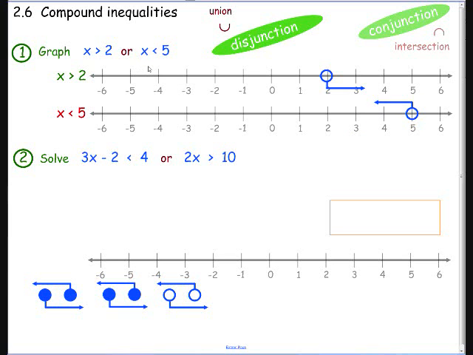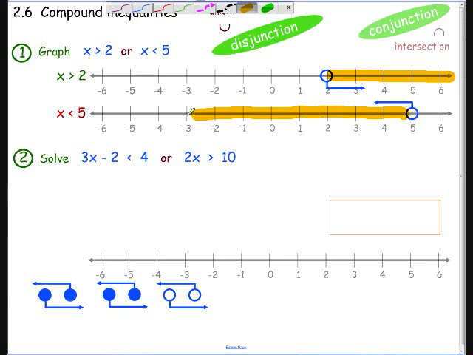We're not looking for the intersection, we're looking for the full union. So let's see what that will include. That would be all of this, not including that boundary, and all of this. So is there any number that isn't included here? They are all included. Now we're going to solve the next one.